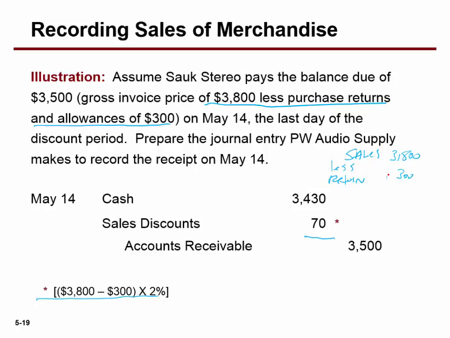And then we had the discount of 70. So our net sales is how much? 3,430. Good. How much cash did I get? 3,430. Don't you love accounting? It always gets you there, doesn't it?